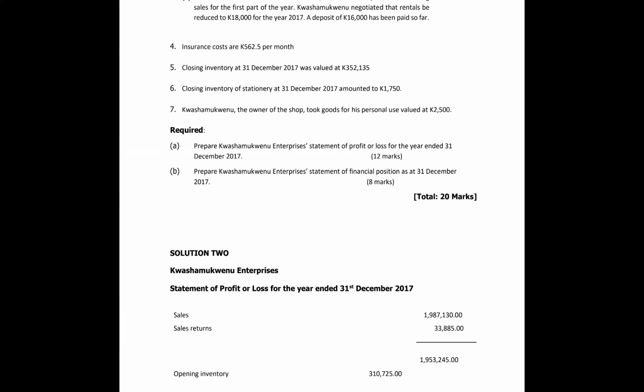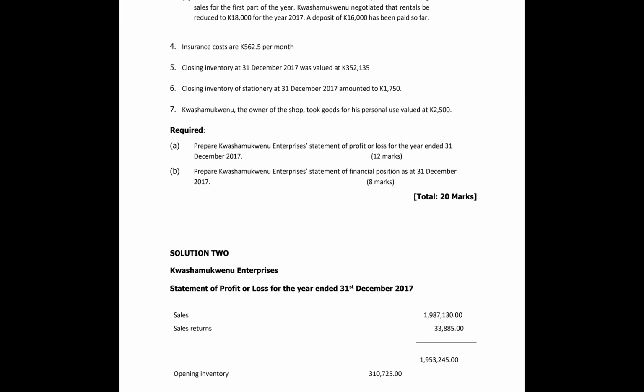You add them under insurance costs, right? Closing inventory: you are given the closing inventory. You know where you put the closing inventory, isn't it? The closing inventory of stationery at 31st December amounted to that. So this is the closing inventory that you add.